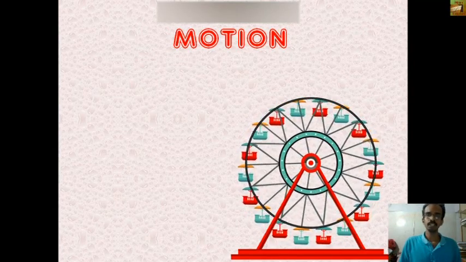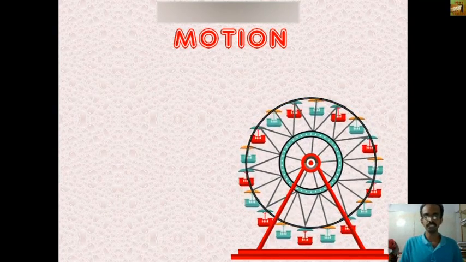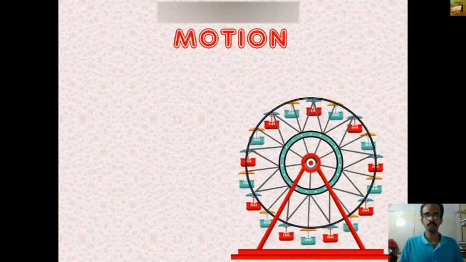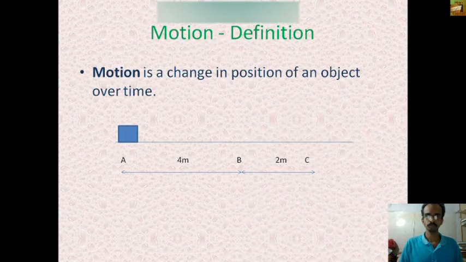Now we can see the definition of motion in a much clearer way. Motion is a change in position of an object over time. As already stated, if the position of an object changes over time, then the object is said to be in motion.